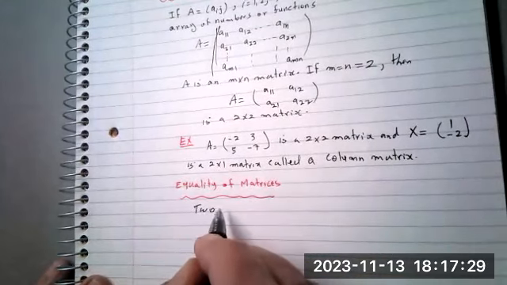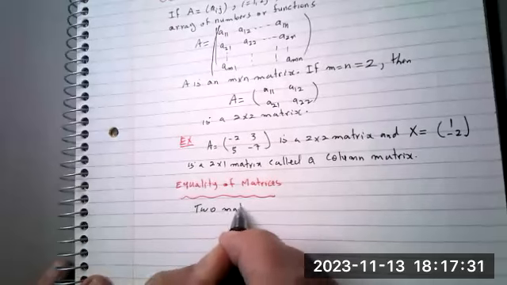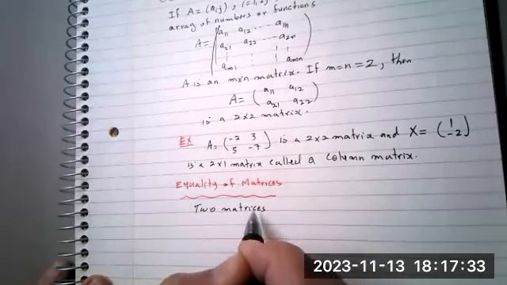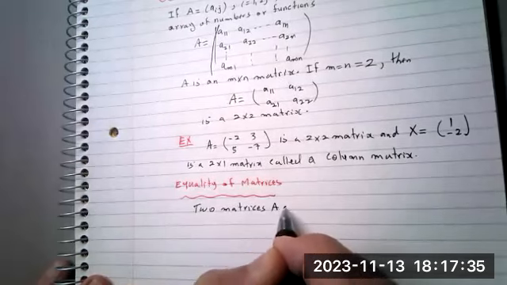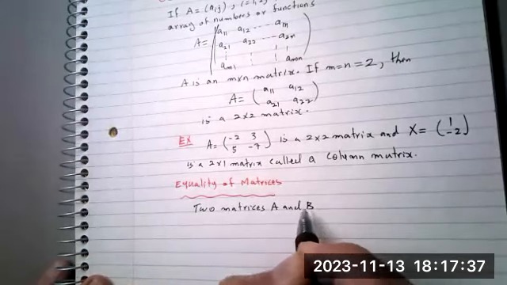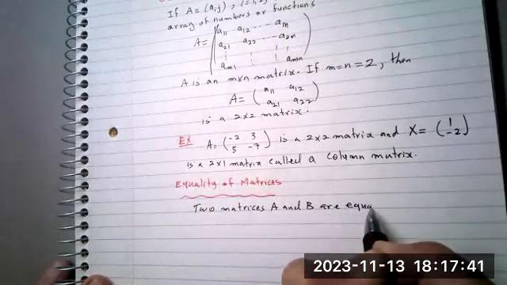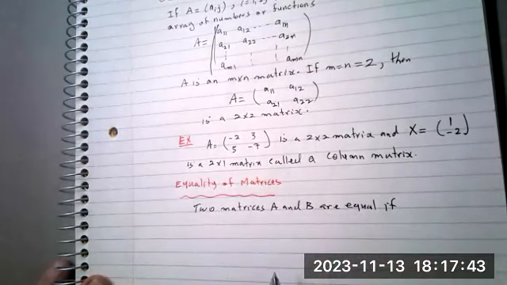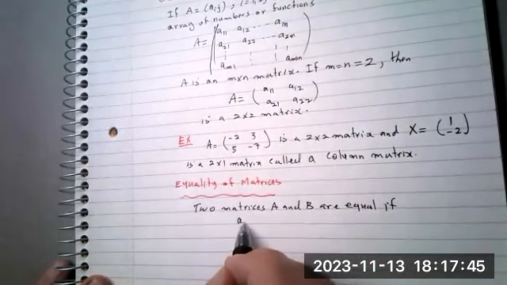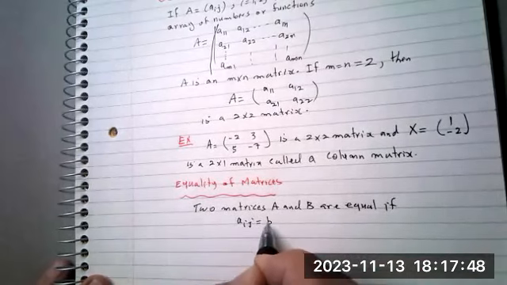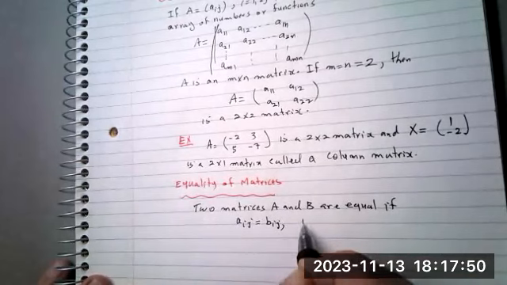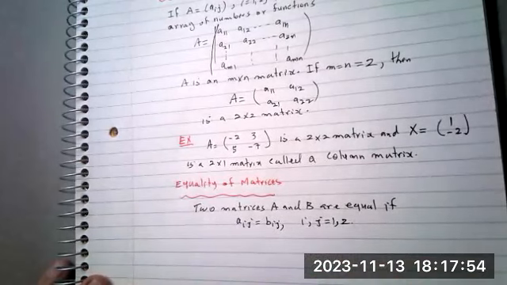So two matrices, A and B, are equal if the corresponding terms are the same. So if Aij is equal to Bij, in this case i and j can be just 1 and 2. It's a 2 by 2.